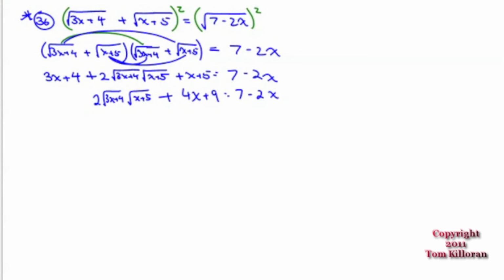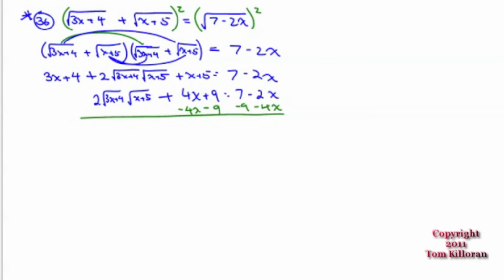Now we can isolate the radicals in this case. Subtract 9, subtract 4x. Do you think I'll put this one on the test? No. The only reason is this one's just messy and it takes a very long time.